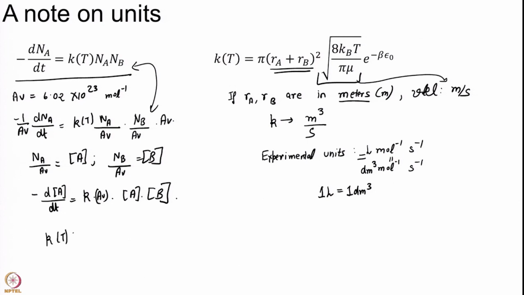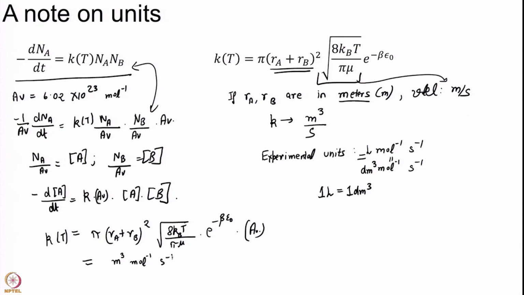So, my new k of T becomes pi into e to the power of minus beta epsilon naught into the Avogadro number. If I do that, the new unit has become meter cube mole inverse second inverse. Because of Avogadro I get a mole inverse.